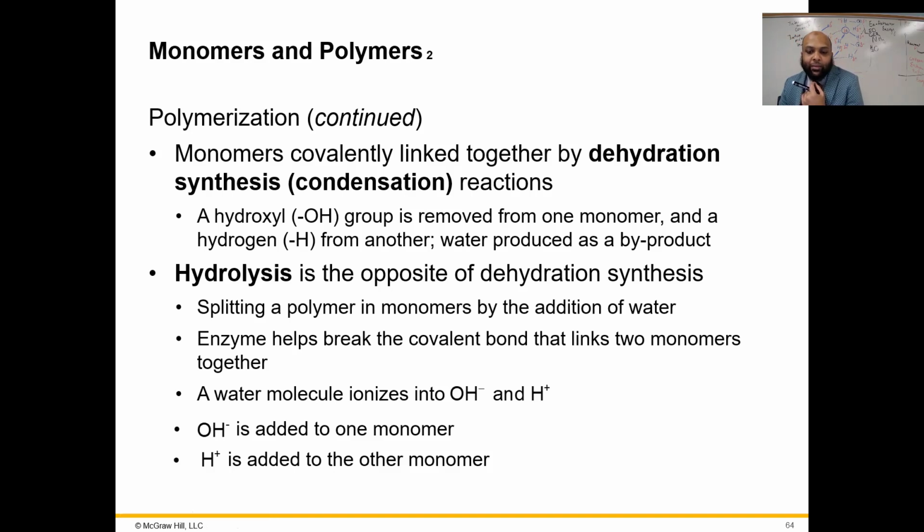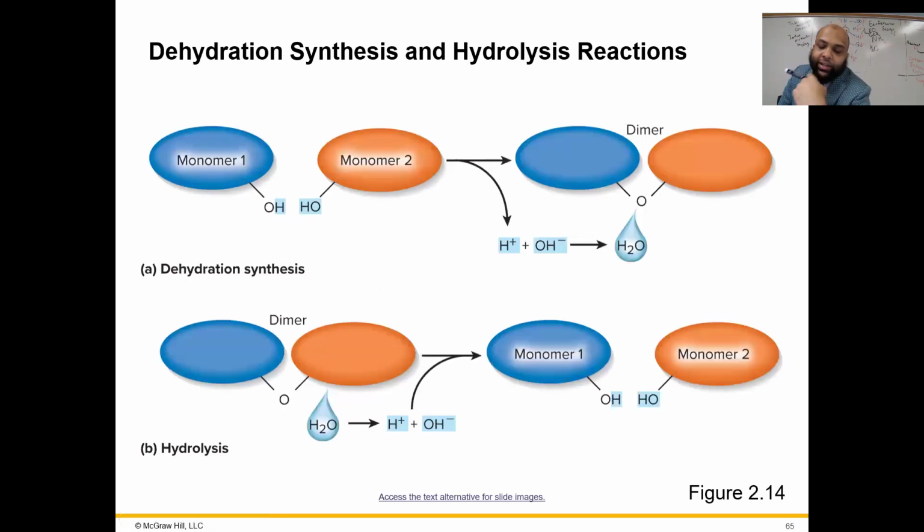An enzyme helps break the covalent bond that links the two monomers together. A water molecule ionizes into OH minus and H plus. OH minus is added to one monomer, and H plus is added to another, and that leads to the breakdown, the cleavage.